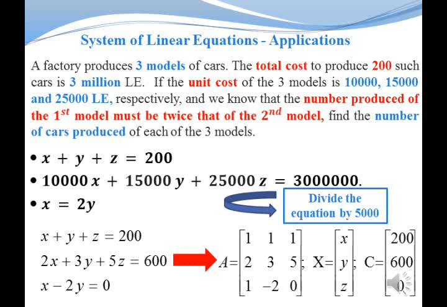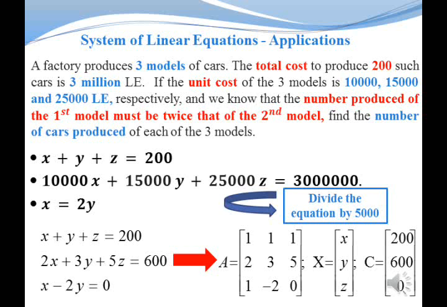The second equation will be obtained from this statement: the unit cost, meaning the cost of producing only one unit of the three models, is 10,000, 15,000 and 25,000 LE respectively.